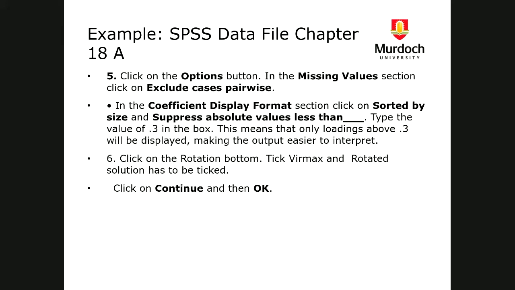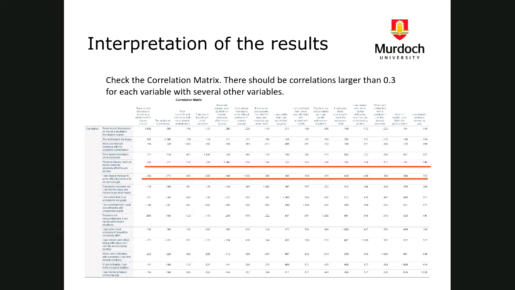So here is the correlation table. In this correlation table, you scan to see whether you have relationships that are less than 0.3. We want most of them to be greater than 0.3.